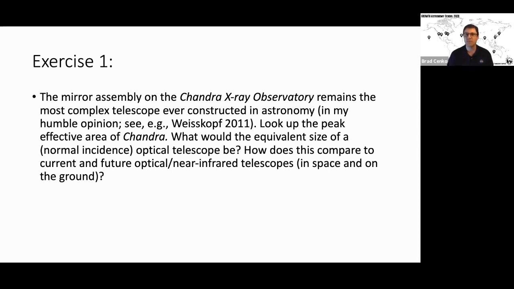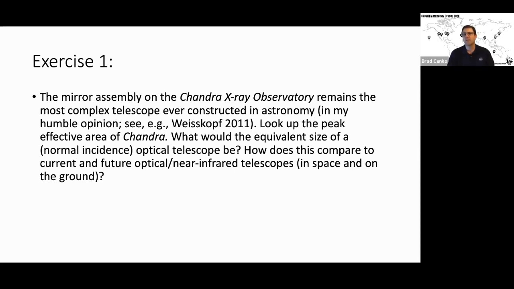extremely smooth. As an exercise for you all, I suggest you look up the peak effective area of Chandra. Just do a quick Google search for this, and then convert that to what would be the equivalent size of a normal incidence optical telescope.